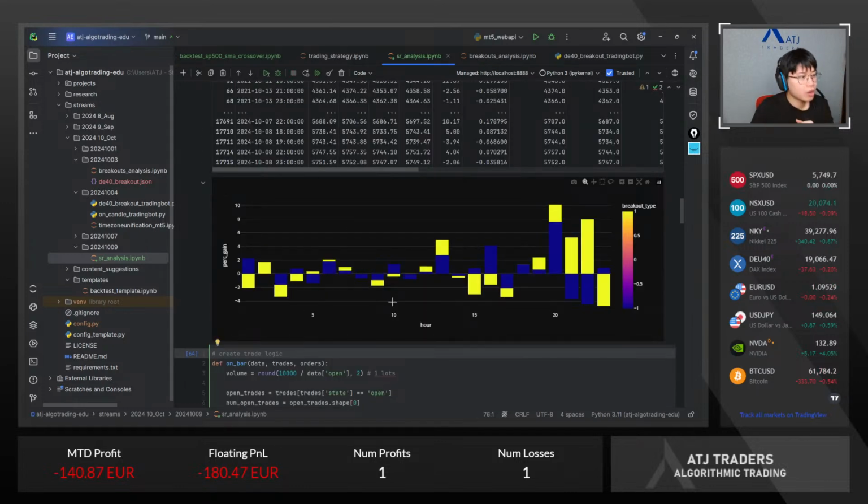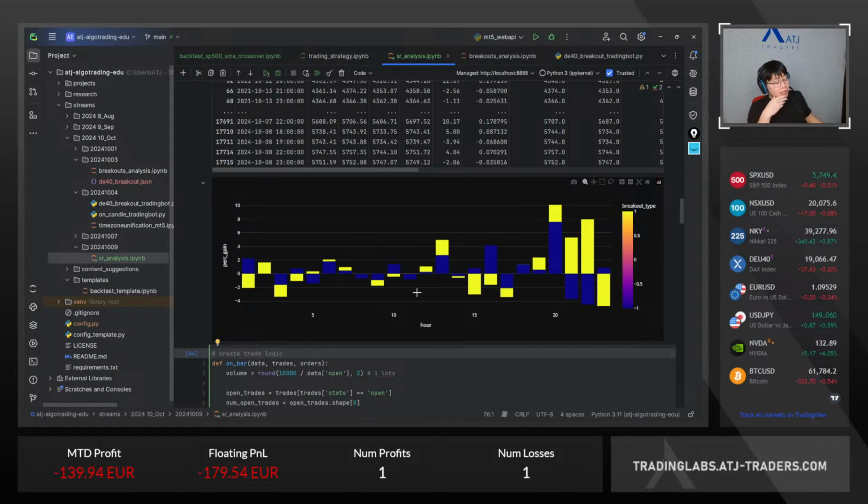Okay, so yeah, that is interesting. So we see the best breakout opportunities on the S&P 500, right? Now we're looking at times. According to my time, the US market opens at 16 or 15:30 my time, GMT plus 2.